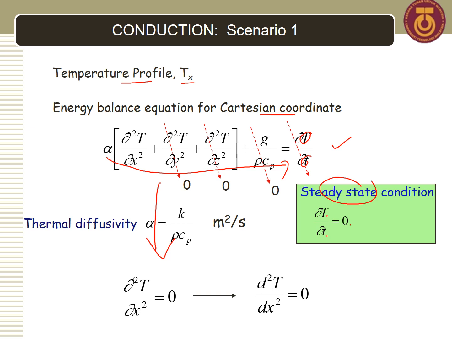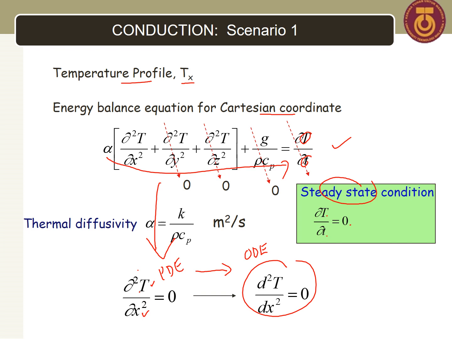Under this situation, temperature solely depends on x; it doesn't depend on time or any other factor anymore. Under such a condition, this PDE, partial differential equation, can be further simplified into an ordinary differential equation. So from partial it becomes ordinary, and our work is further simplified.